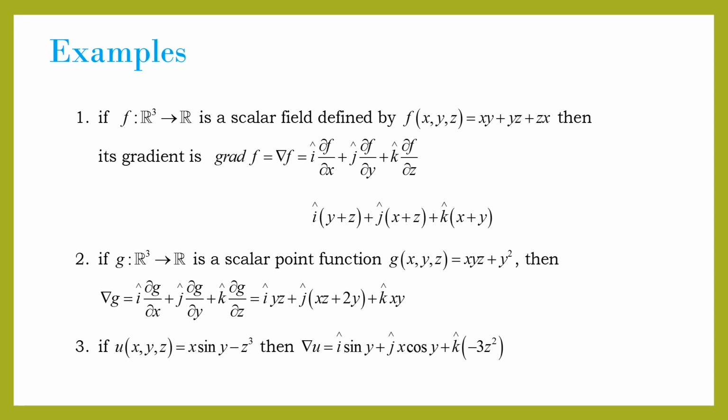Now what is the gradient of this particular scalar field g? It is del g. Del g equals i cap ∂g/∂x plus j cap ∂g/∂y plus k cap ∂g/∂z. Now we have to just plug in our values of partial derivatives here. Then we get del g equals i cap yz plus j cap (xz plus 2y) plus k cap xy.